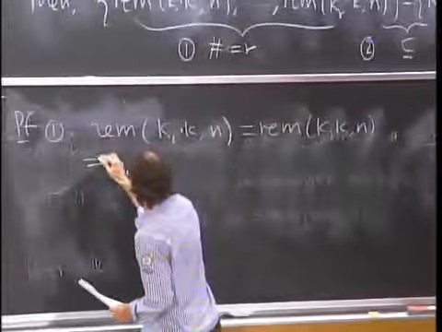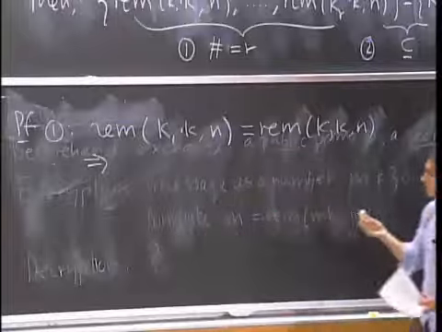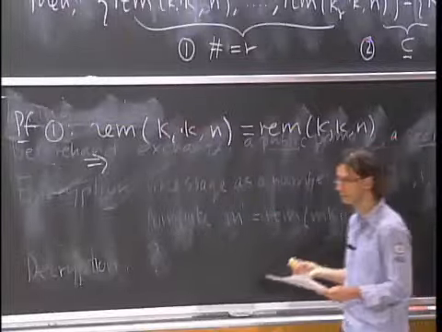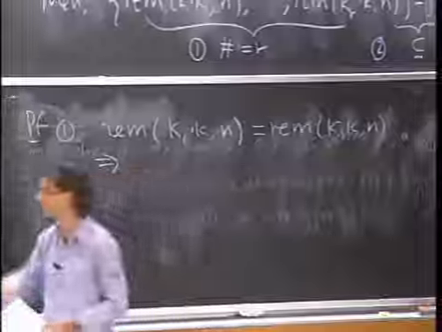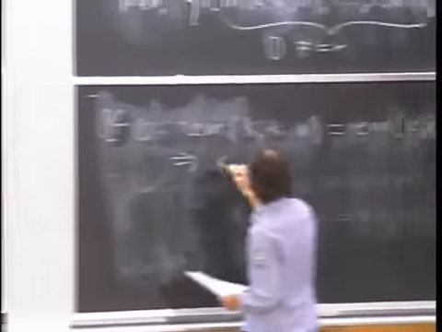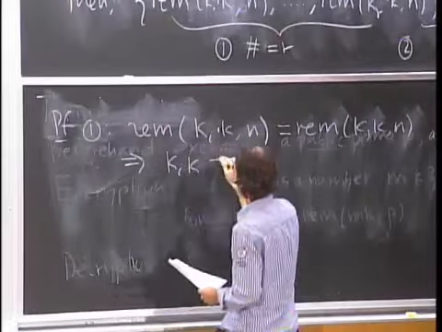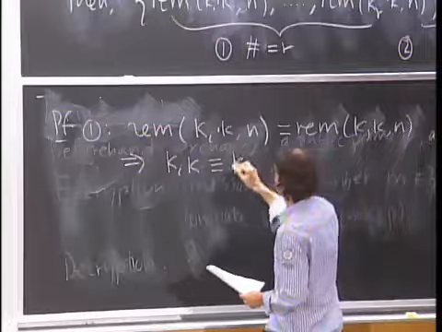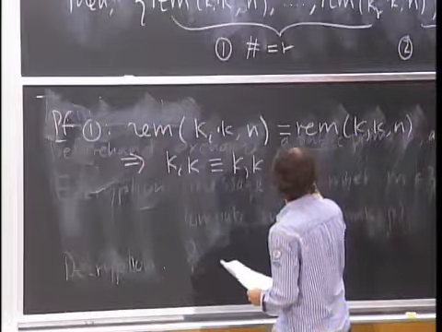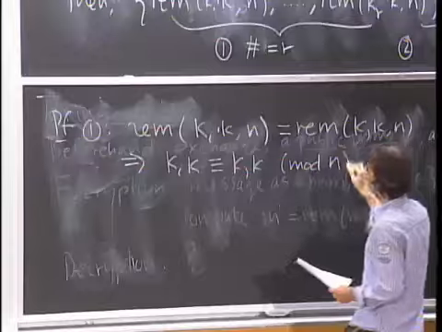Well, if we know that these two remainders are equal to one another, we can look at them with respect to these definitions over here, and we can show that ki times k is actually congruent to kj times k modulo n. So why is this?